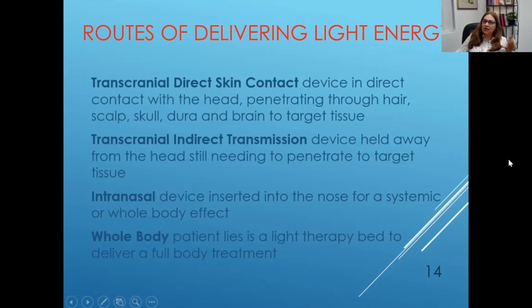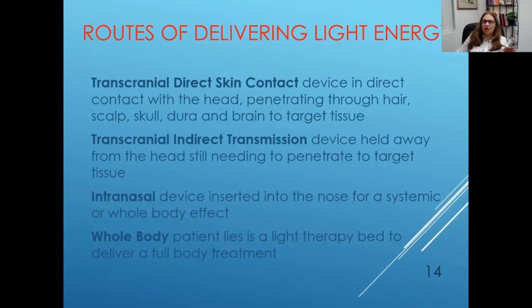So if we're using infrared, we're treating or directing that energy more at the brain. But if we're using an intranasal device that's visible red, then we are seeing or achieving more of a whole body or systemic effect. And then we have a new approach, which is literally a whole body approach.